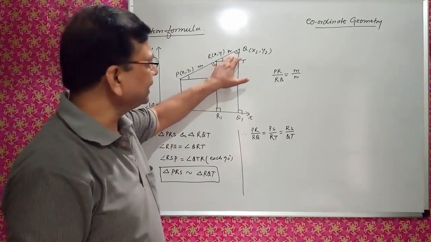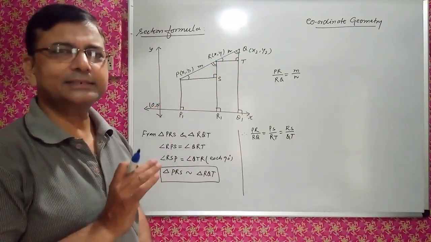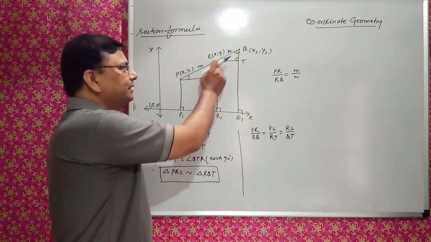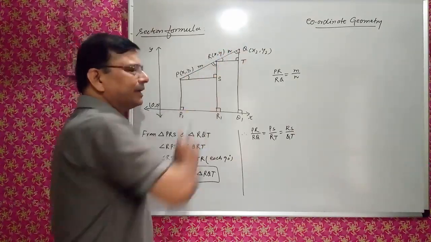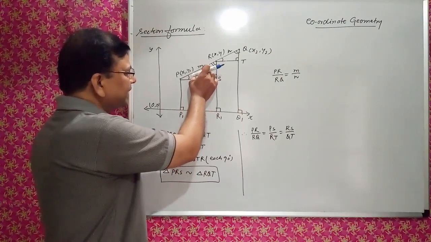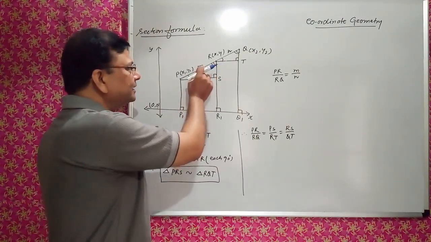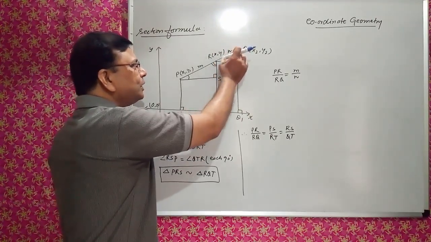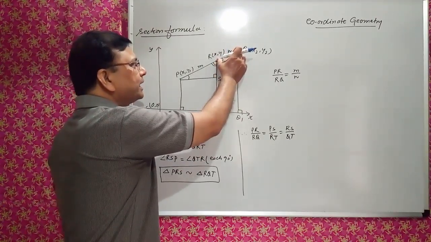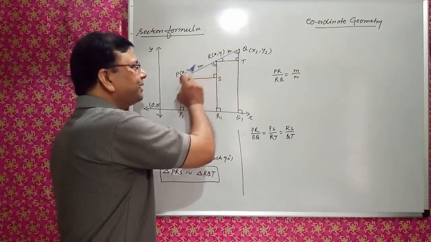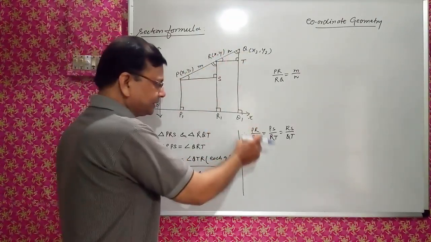What will the corresponding sides of this triangle and this triangle be? You see, single line angle, double line angle. So this side is in between these two angles. Similarly, the corresponding angles are these two, so this side RQ lies between these two angles. So these are the corresponding sides. That is why I have written PR upon RQ.